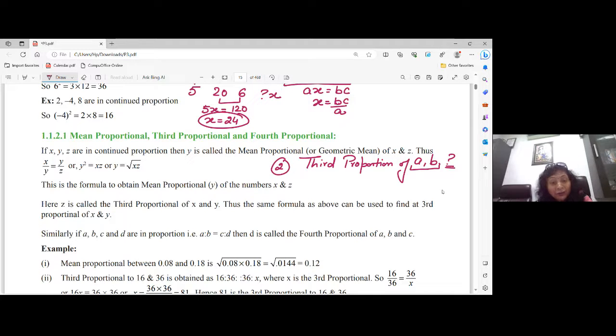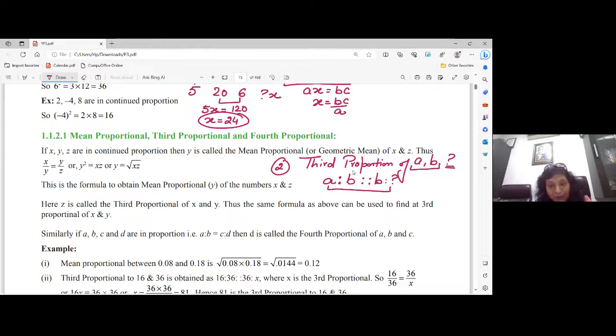Then how to find proportion in case of three items? In that case, A is your extreme item, B is your mean item, and the middle term plays a double role. So it can be written in this form, A is to B in proportion to B is to question mark. So this is how we can find out the third proportion.